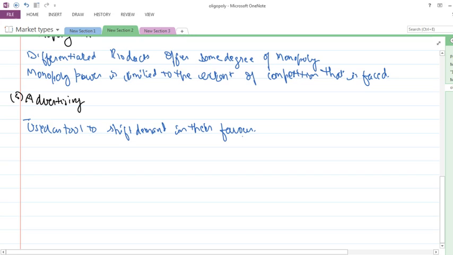Quality improvement will also shift the demand in their favor. Usually both advertisements as well as variations in design and quality are used to maintain and increase market share.